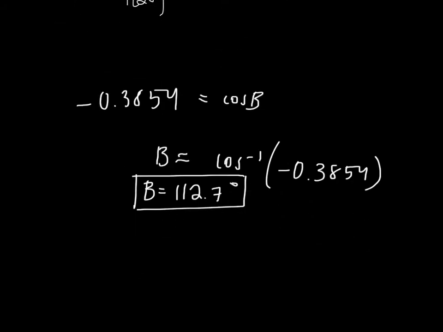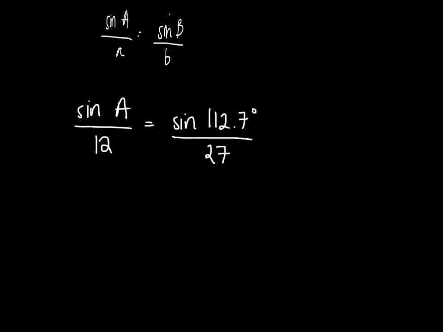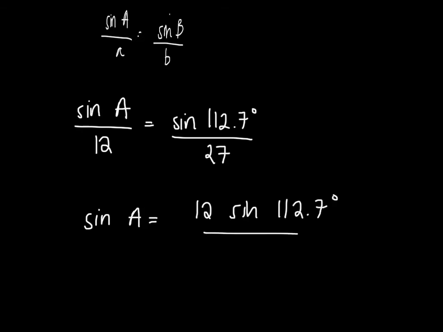Now we're going to use the law of sines to find A. We set this up with sine of angle A over side A equals sine of angle B over side B. This is our law of sines, and then we plug in our values. We need to have sine of A by itself, so sine A, where capital A is our angle, equals 12 times sine 112.7 degrees over 27.